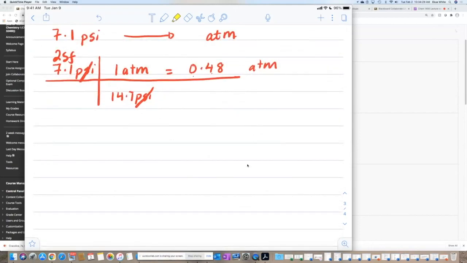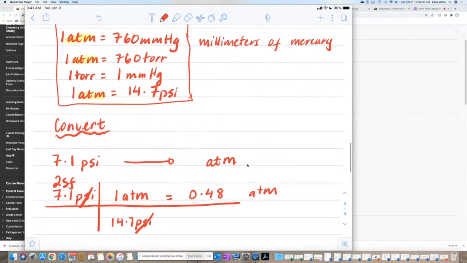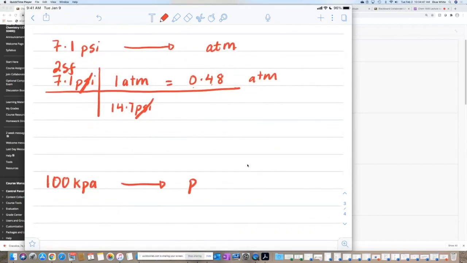I'll say convert 100 kilopascals to, hold on a second, let me see what other units I have here. Actually, to psi. How about that?